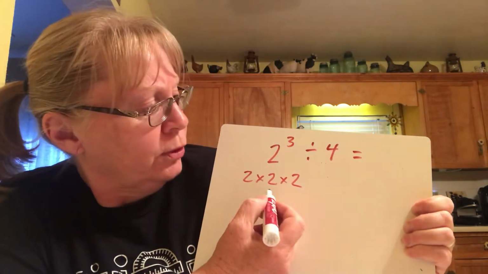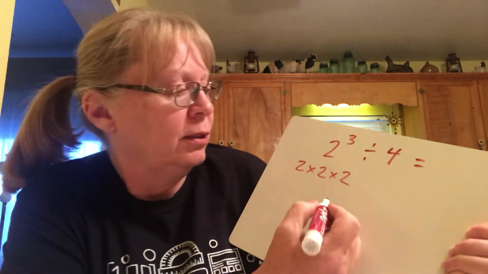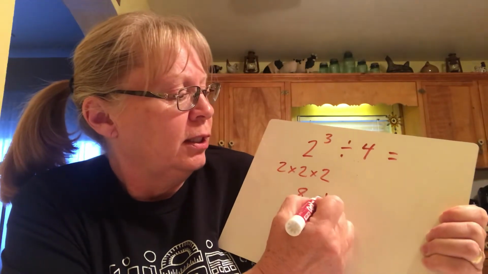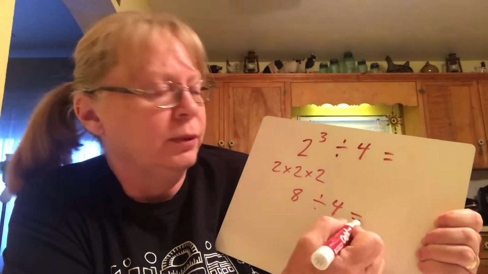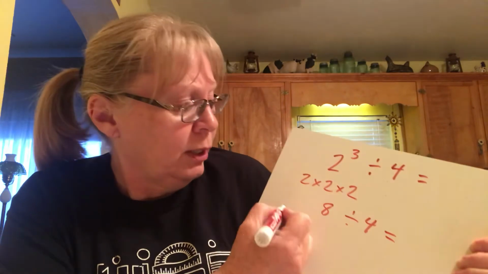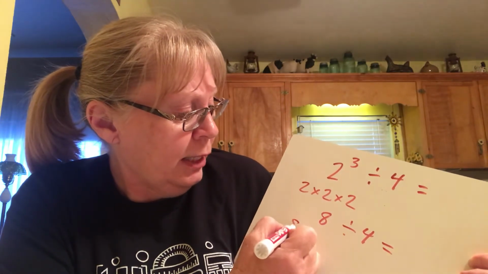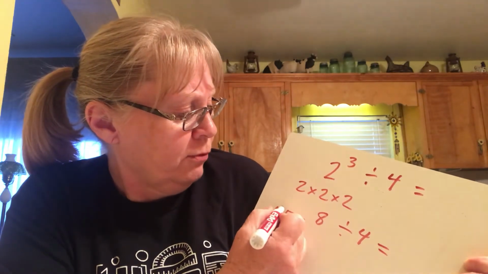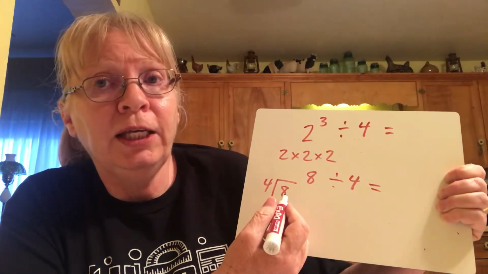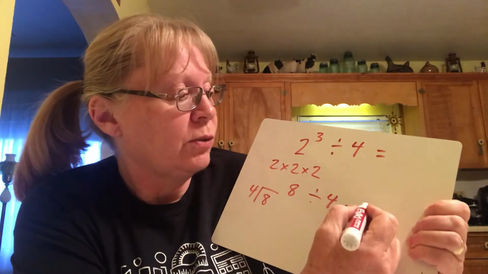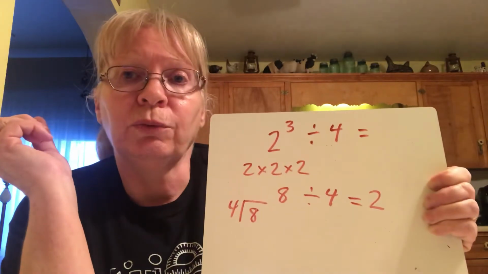So 2 times 2 is 4, 4 times 2 is 8. So then I have 8 divided by 4. Okay, now remember, that would be written 8 divided by 4. So how many 4s are in 8? There's 2. So our answer is 2. Okay.